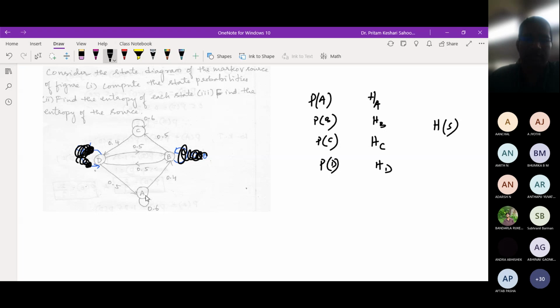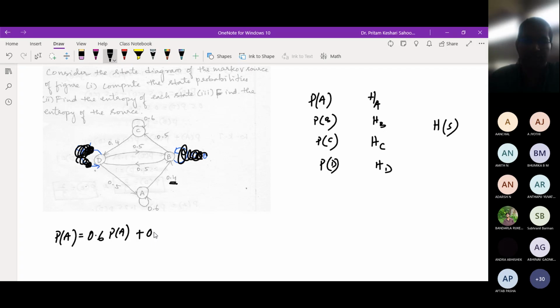See, I will start from state A. So what is the probability of state A? Okay, state A depends on itself at a probability 0.6. So I can write it as 0.6 into probability of A. All right, then state A depends on state B at a probability 0.4.